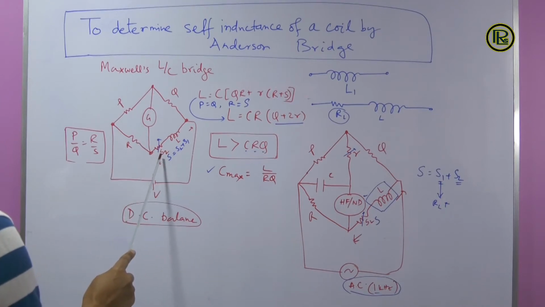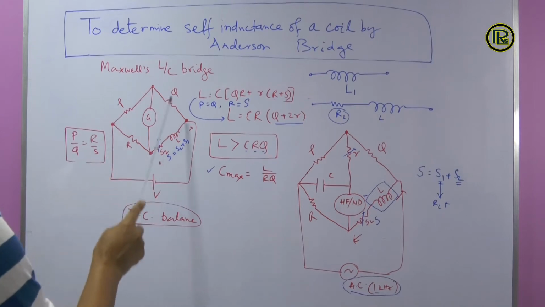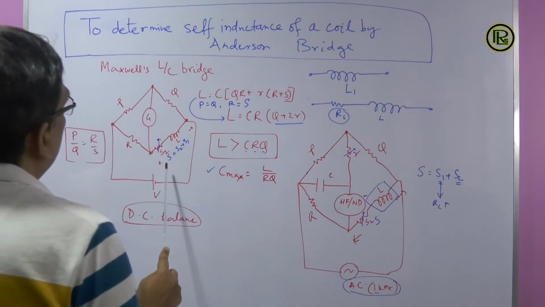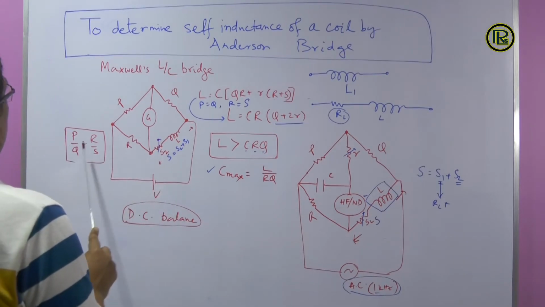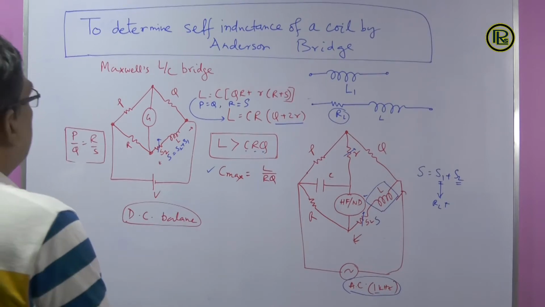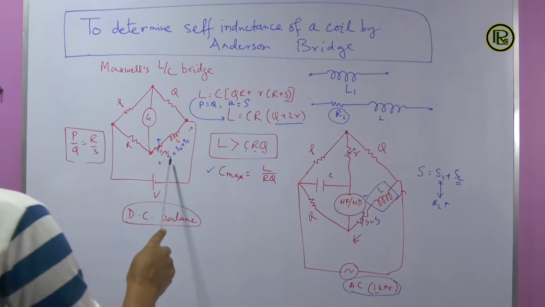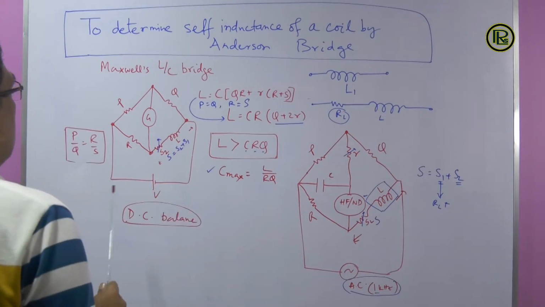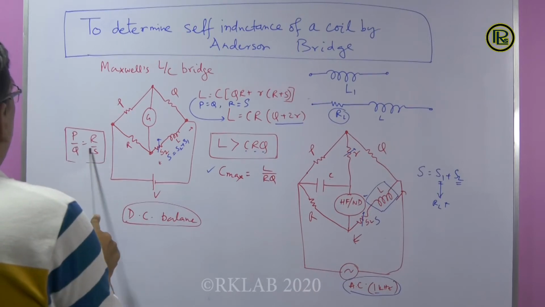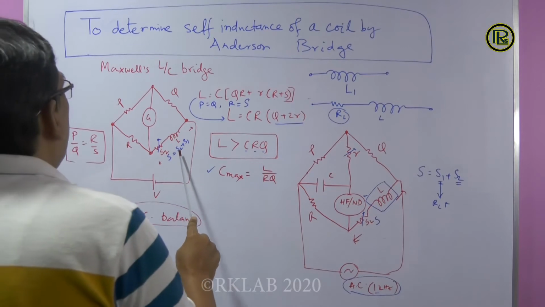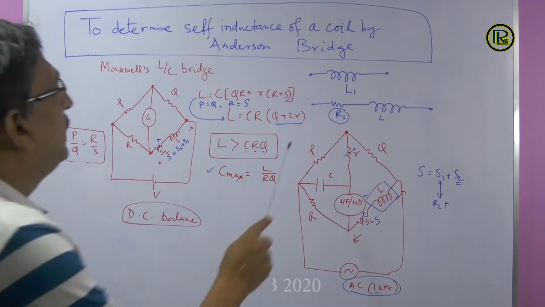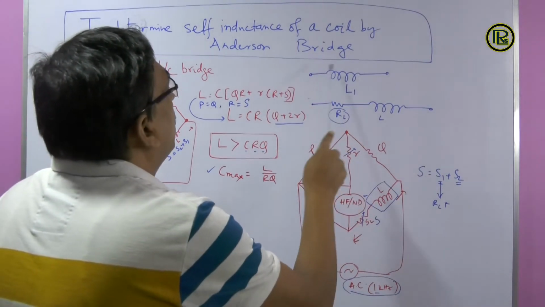For what S2 value we are getting the DC balance here, that we have to note down. Then we have two relations: P by Q is equal to R by S, and S is equal to S2 plus S1. Thus, knowing P, Q, R, we can find out S, and knowing S2, we can find out S1, which is the resistance value RL of the coil, this L1.